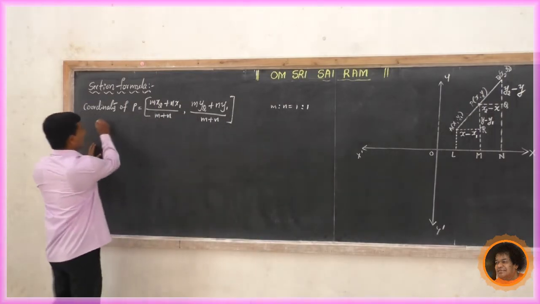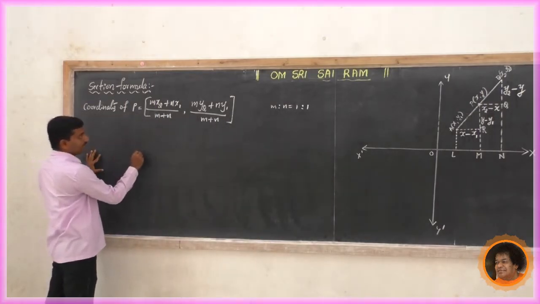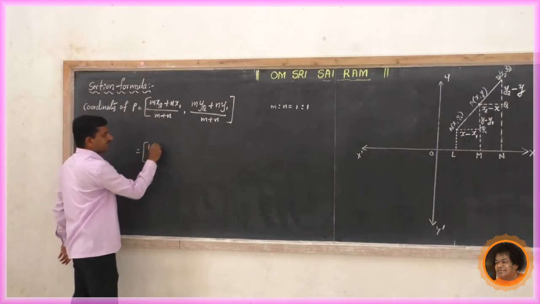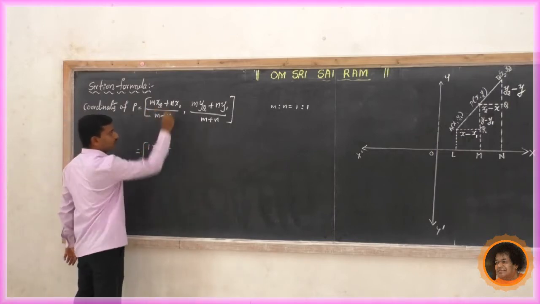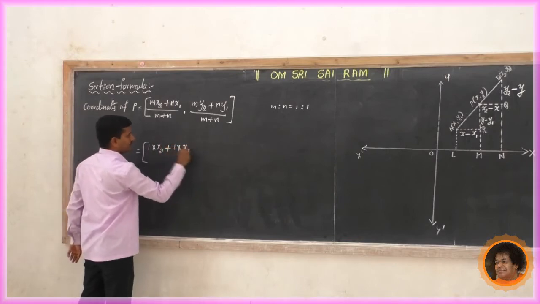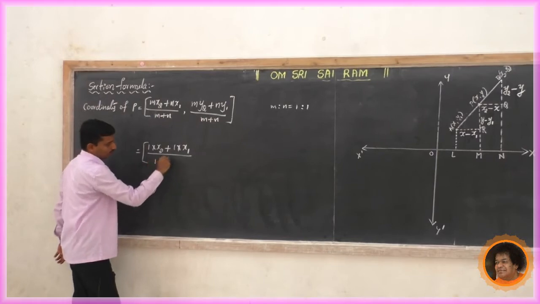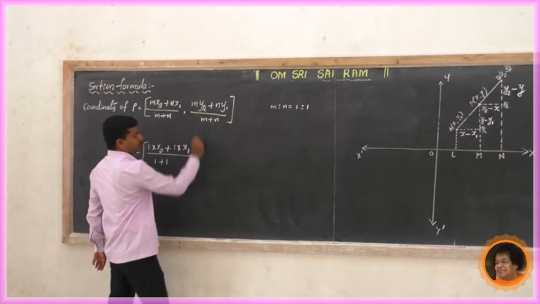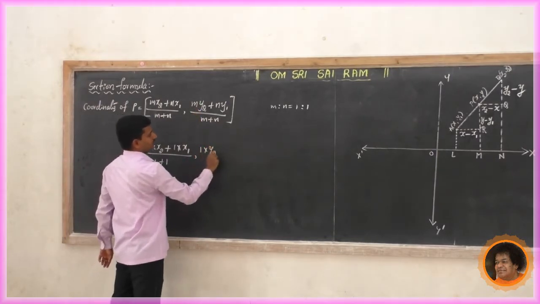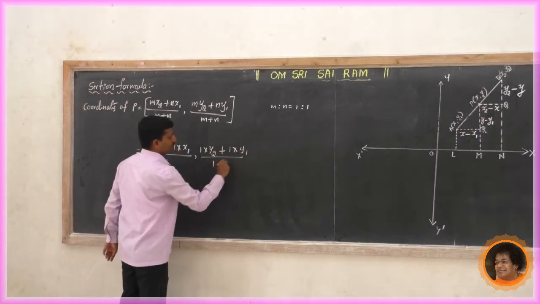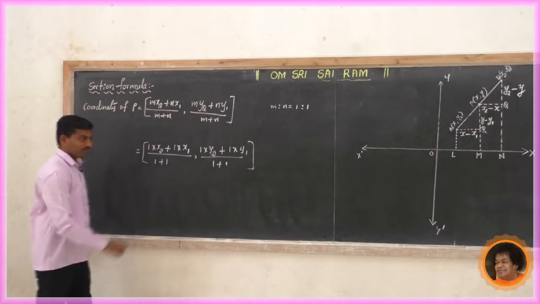The formula becomes the coordinates of the point P equal to m value 1 into x2 plus n value 1 into x1 divided by m plus n, the ratio is 1:1, so 1 plus 1, comma, 1 into y2 plus 1 into y1 divided by 1 plus 1. Now simplify.